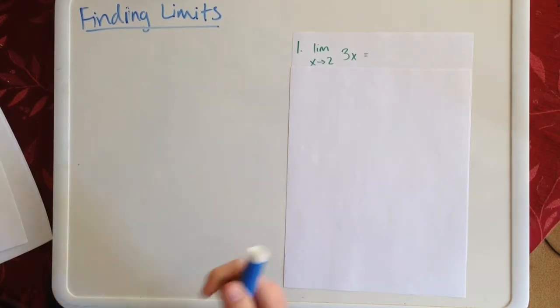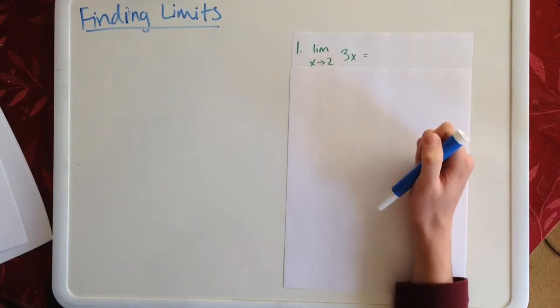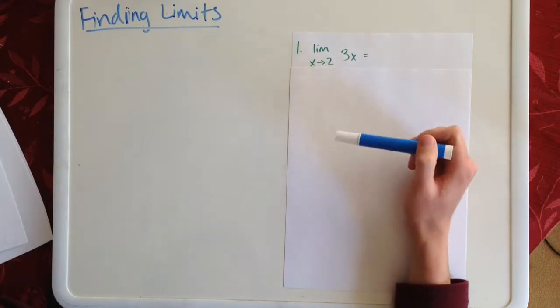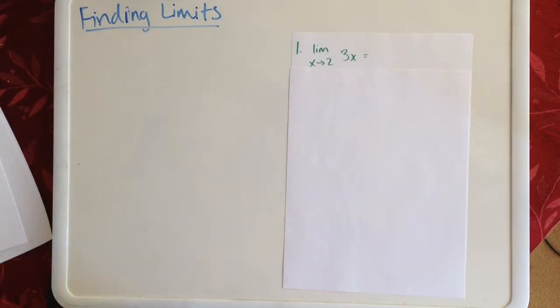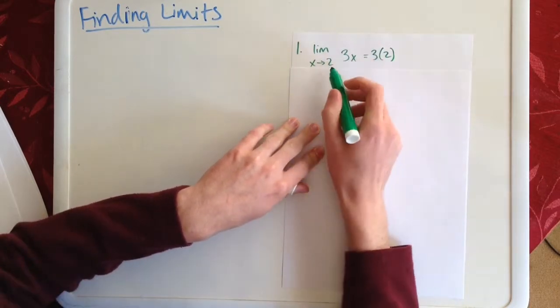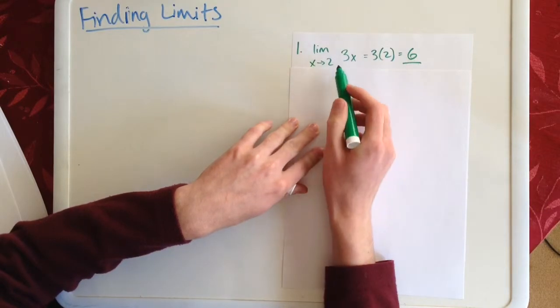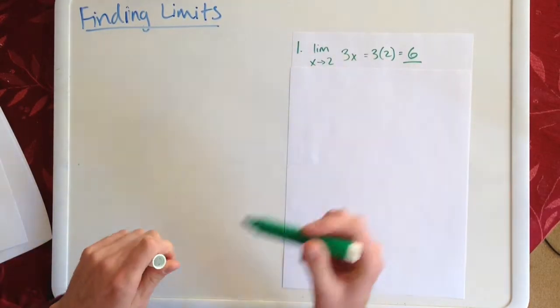So in something like number 1 here, the limit as x approaches 2 of the function 3x, we know that it's going to approach the y value when x equals 2. So we can just substitute 2 into the function, because that will give us the y value. So the answer for the limit as x approaches 2 of 3x is 3 times 2, which is 6.